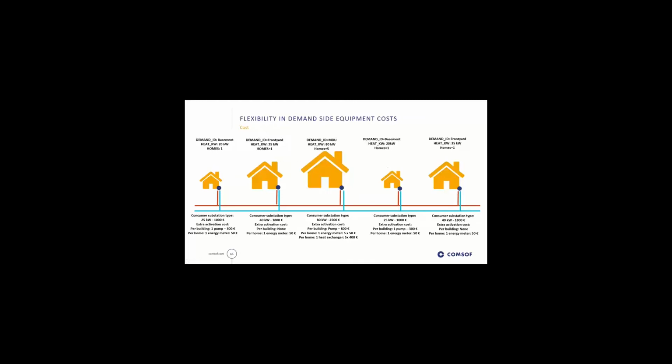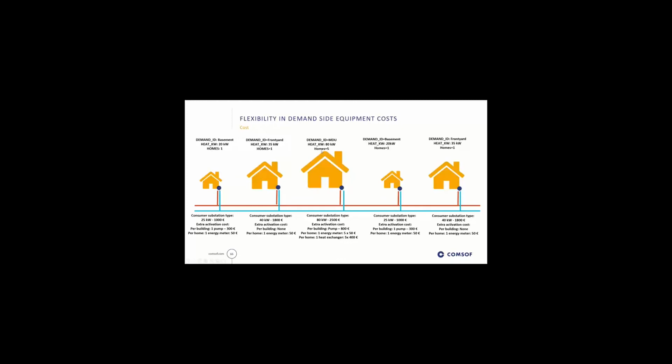For example, for the basement, you can see the substation type, like 25 kilowatts, and these are just example costs, like 1,000 euros. You need the extra activation costs per building. For example, one pump that is 300 euros, and per home, one energy meter that is plus 50 euros, which is going to be different in comparison with the MDU case here.